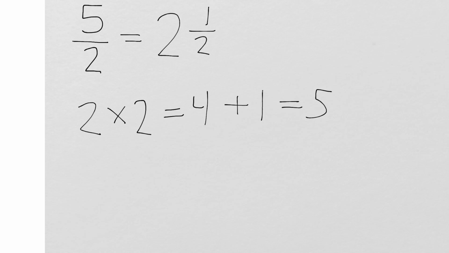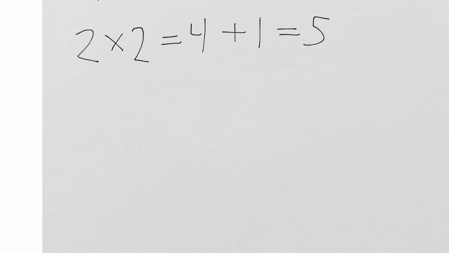But this was kind of an easy problem, so let's try something a little bit more difficult. Let's try 17/4. Just like last time, we want to ask ourselves, how many times does 4 go into 17?